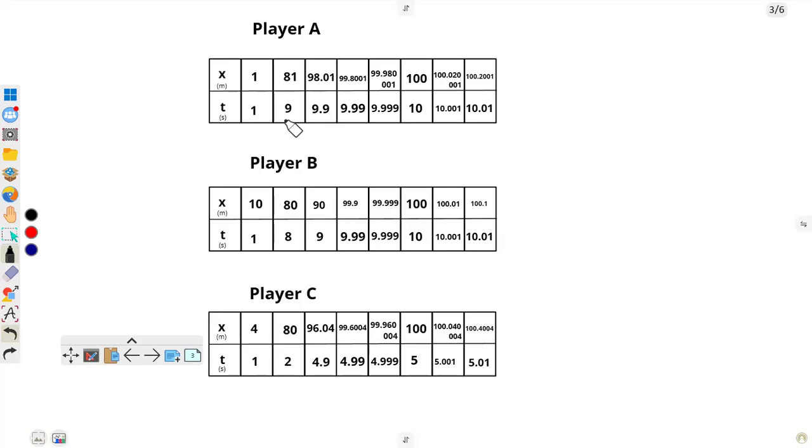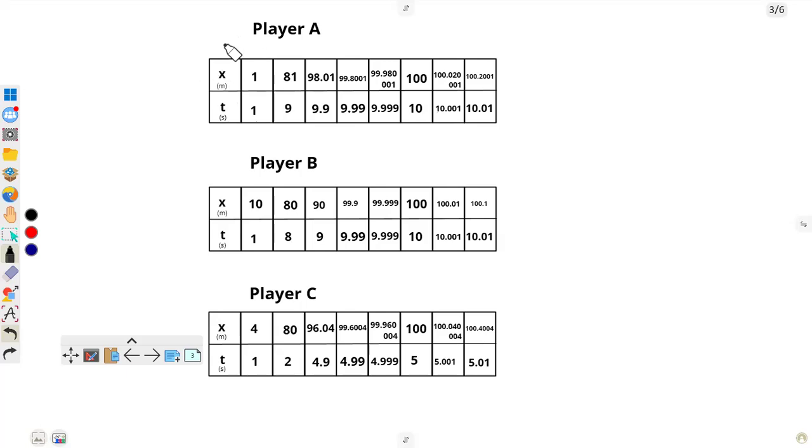Is everything clear right now? Yes. Okay, so we have this data, and now we have to figure out who won the race. At t is equal to 1 seconds, player A was at x is equal to 1 meters. Here x is measured from the origin. Note this.